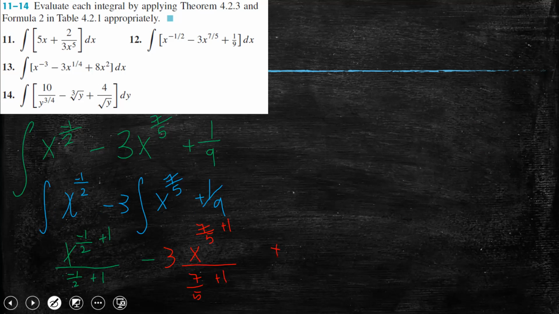Now 1 over 9, what will be its integration? What's the integration of 1 over 9?